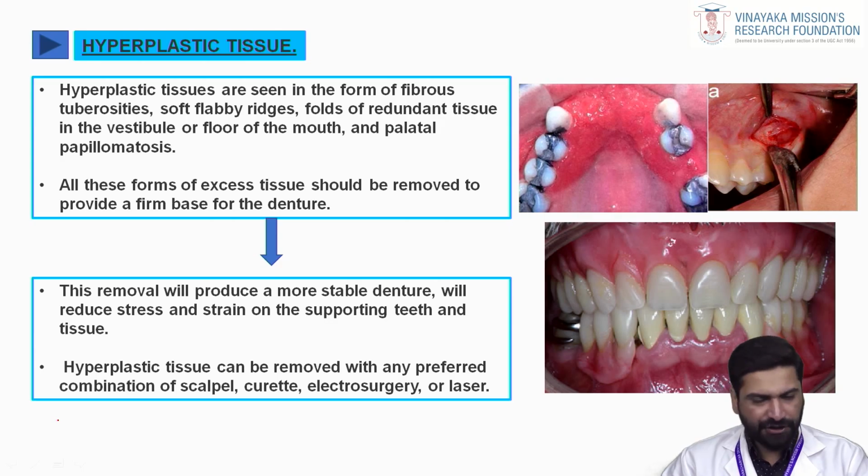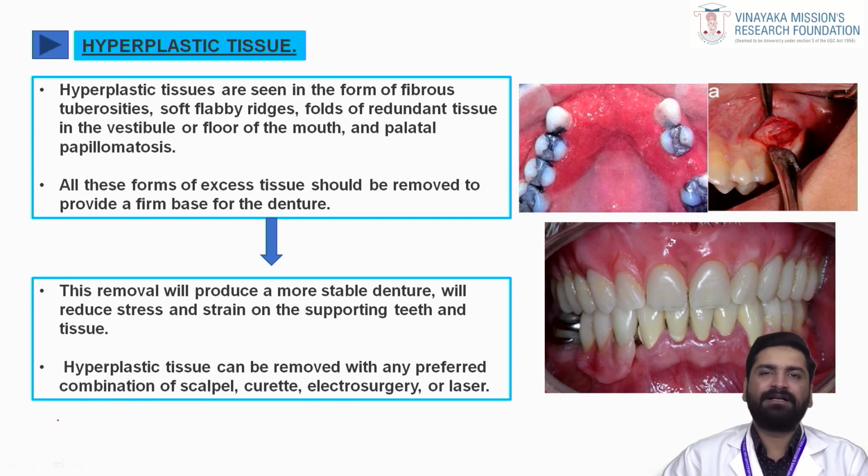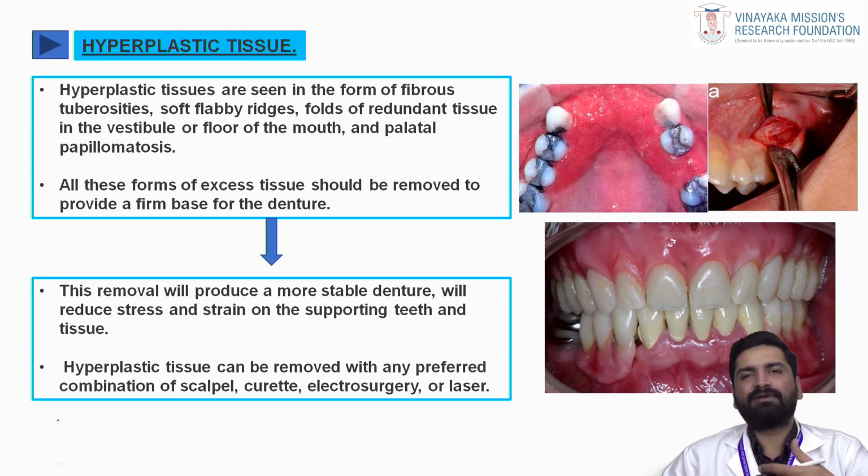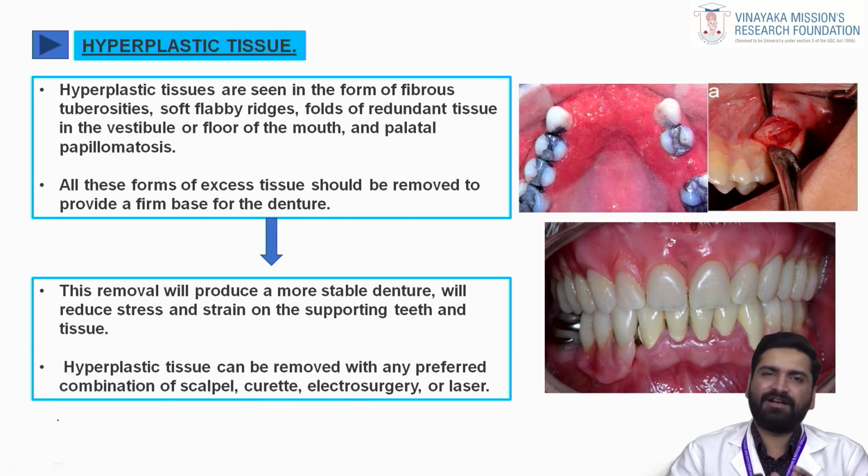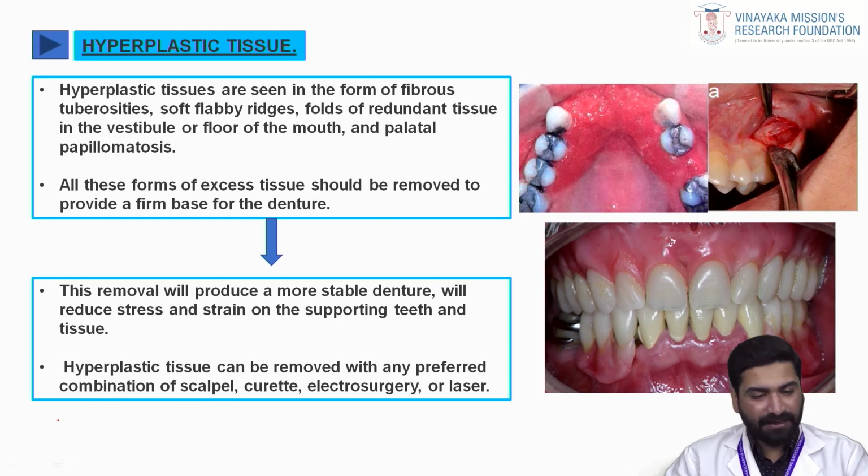Then hyperplastic tissue. When I am saying hyperplastic, plasia means multiplication. That means there is a greater number of cells multiplying that is causing an overgrowth of the tissue. So if there are any hyperplastic tissues, any fibrous tissues, any soft flabby ridges, any redundant tissues, any palatal papillomatosis, all those things have to be excised.